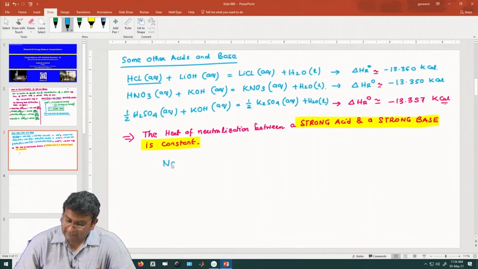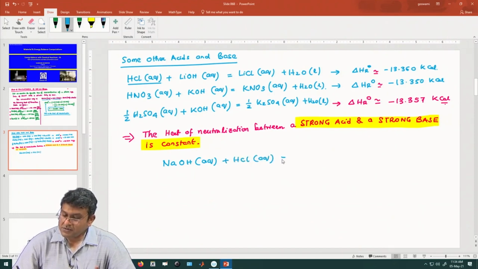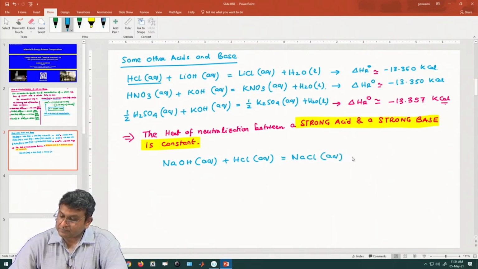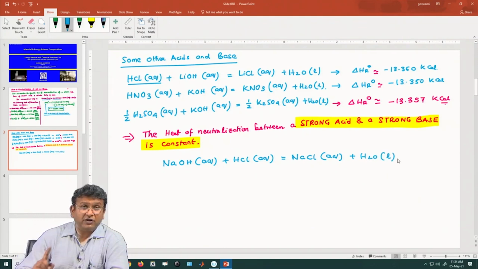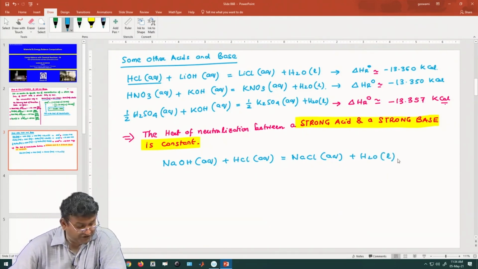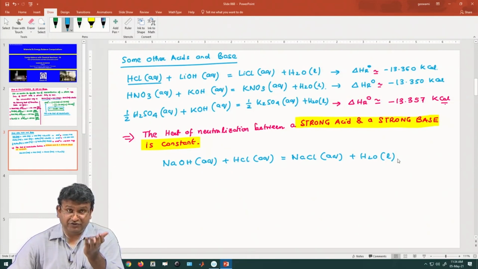When you are writing the equation, we know that a strong acid will remain fully dissociated, a strong base will remain fully dissociated, right, and a salt of a strong acid and a strong base, which is sodium chloride in this particular case, in an aqueous solution will also remain fully dissociated.